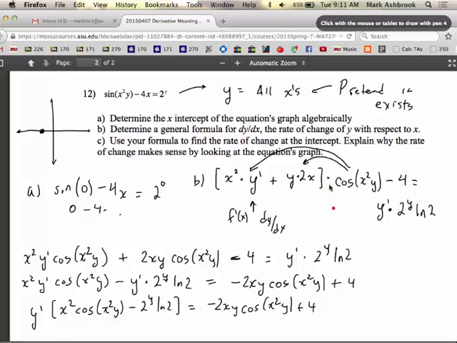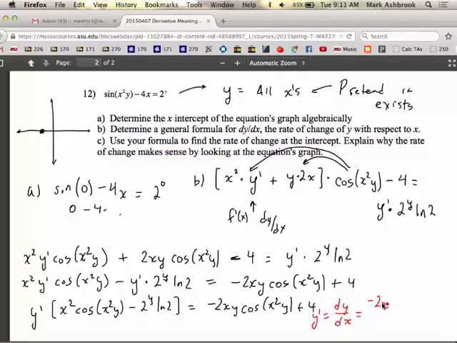Let me get the final answer in red here so it stands out. So our dy dx, or y prime, equals negative 2xy cosine x squared y plus 4, all over x squared cosine x squared y minus 2 to the y.